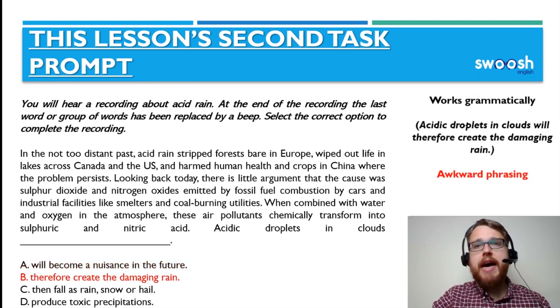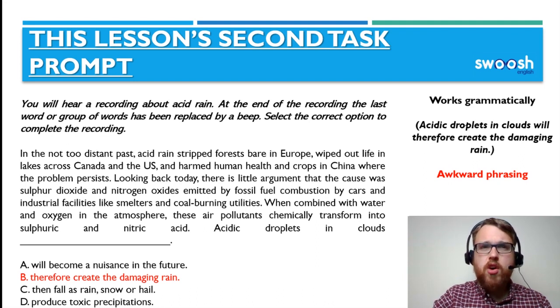How about answer B? How does it not work? Well, it does work grammatically. Acidic droplets in clouds therefore create the damaging rain. It might work well in terms of the grammar, but there's awkward phrasing. Acidic droplets in clouds therefore create the damaging rain. It just doesn't sound right. Why is there an article there? Why are we saying the damaging rain?